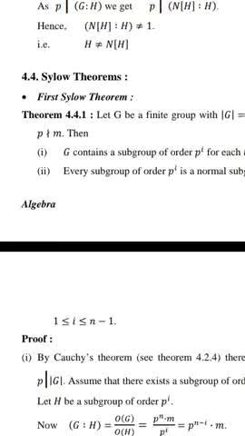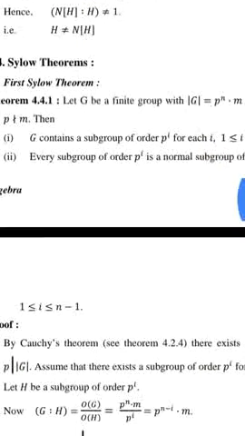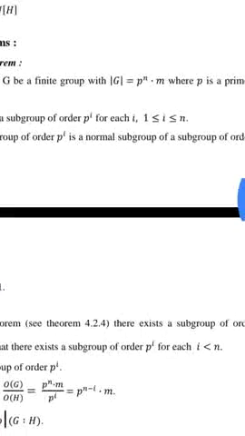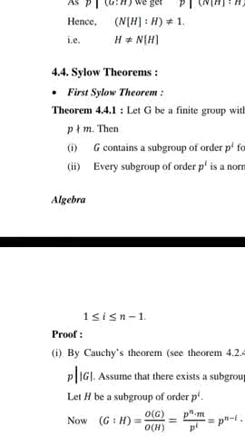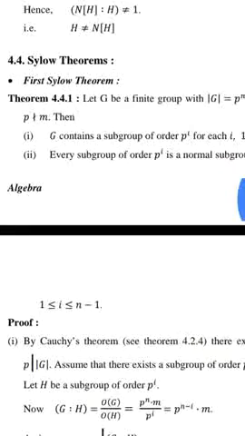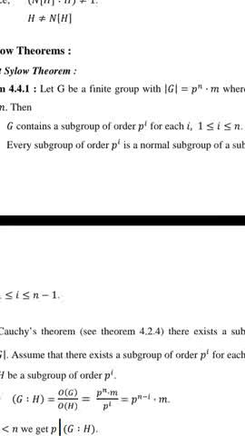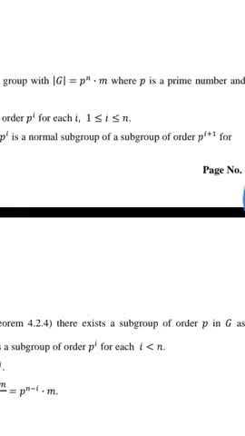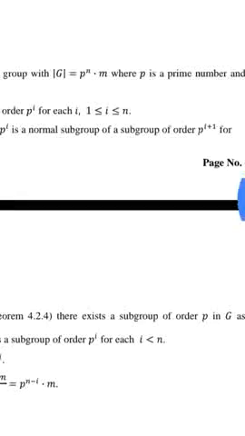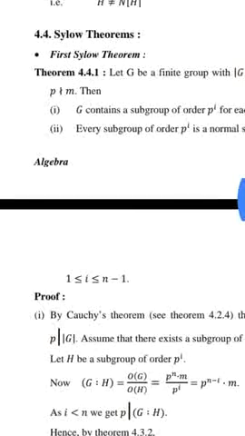Then first, G contains a subgroup of order p raised to i for each i, 1 less than or equal to i less than or equal to n. Second, every subgroup of order p raised to i is a normal subgroup of a subgroup of order p raised to i plus 1 for 1 less than or equal to i less than or equal to n minus 1.